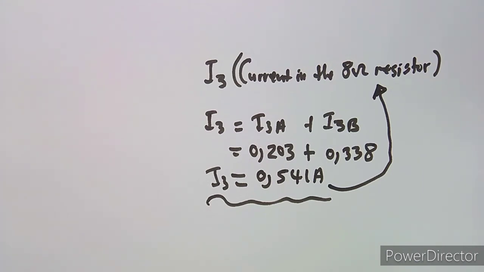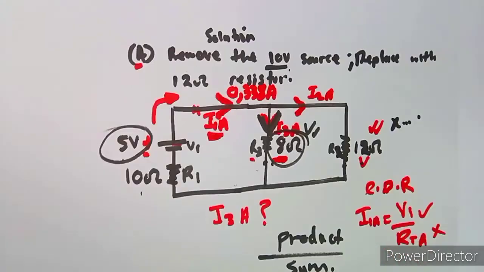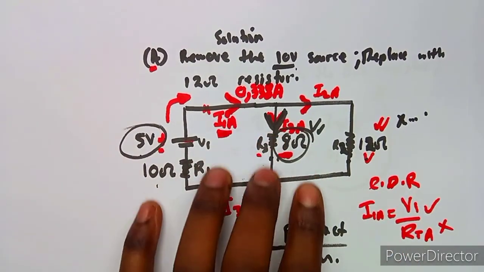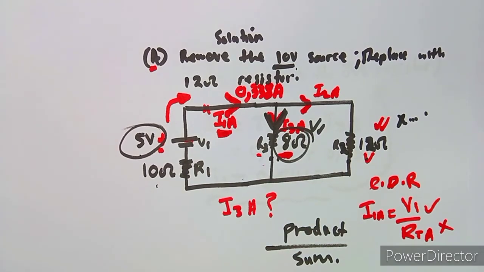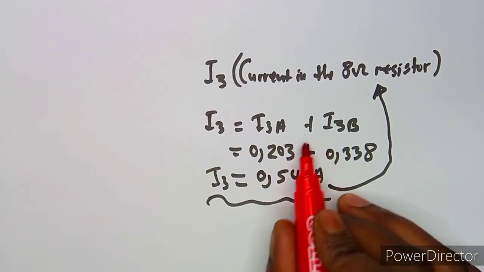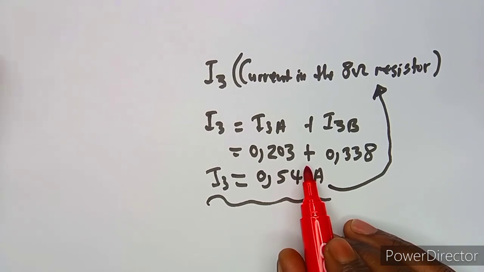How you separate your circuit, how you remove the circuit to replace the currents, the direction of the currents is very, very important, because it is going to finalize your final answer here, that are you going to take it as a positive or as a negative?